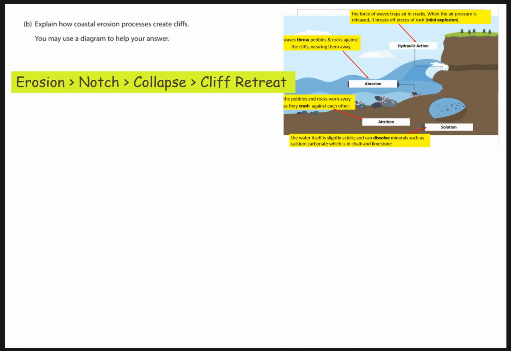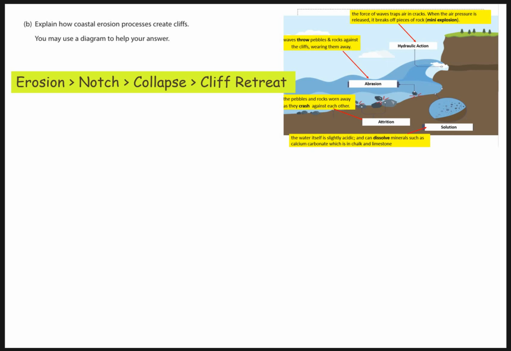Okay, let's go back to that question then. To answer questions like this, even within physical geography, you can often tell a story, tell a sequence. So let's think about the waves, what they're doing. They're eroding the base of the coast through hydraulic action, through abrasion. Next stage, this creates a wave cut notch.